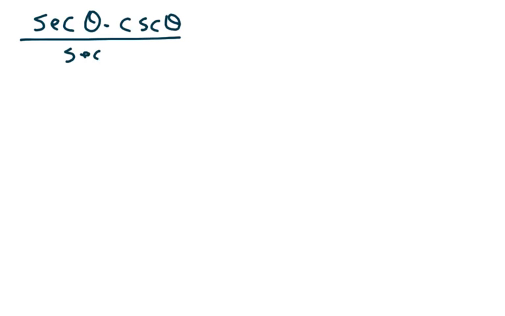Okay, the last one for this section is secant of theta minus cosecant of theta over secant theta cosecant theta, and we want this to equal sine of theta minus cosine of theta.